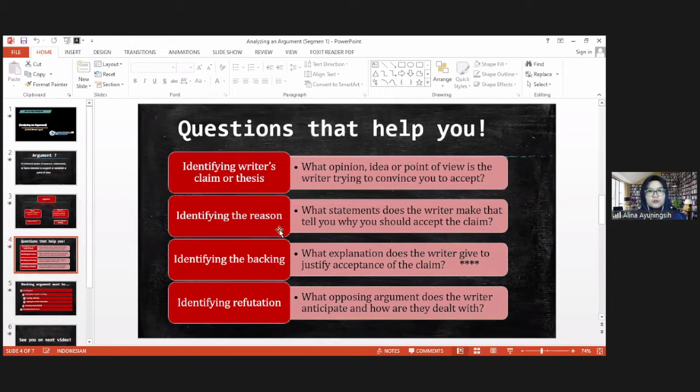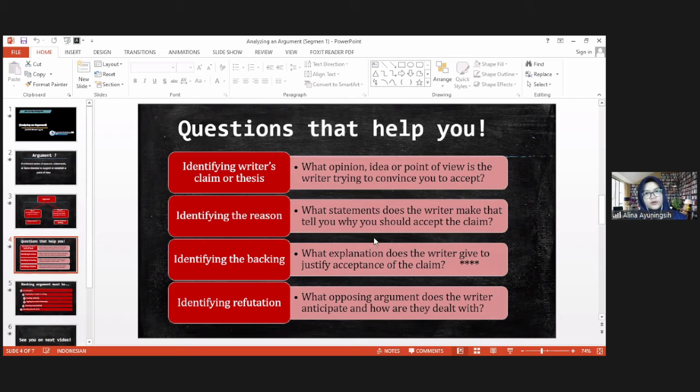Alasan di situ bukan alasan yang ini. Yang tadi itu lebih ke thesis statement-nya, tapi kalau identifying the reason di sini lebih ke what statements does the writer make that tell you why you should accept the claim.